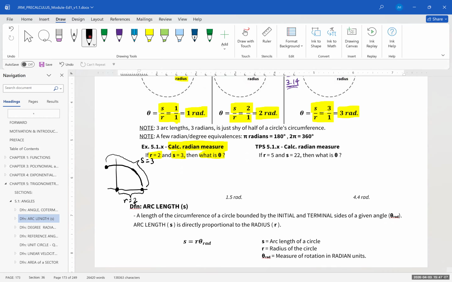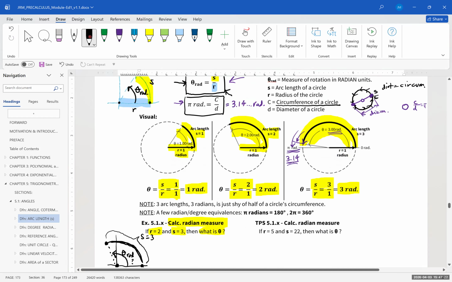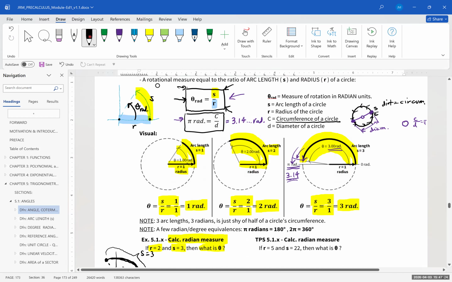Okay, so the length of this arc is 3. Then what we want to know is what is this angle in radians. So what we do is we use this formula that we had up here.